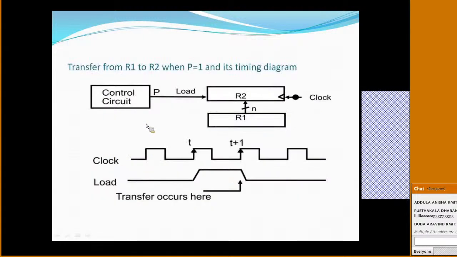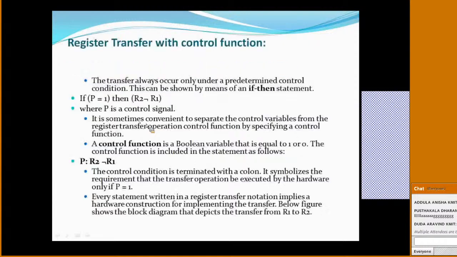The control unit will have a control variable, which is represented with P, and this control variable is a Boolean variable. That means it may take either 0 or 1.